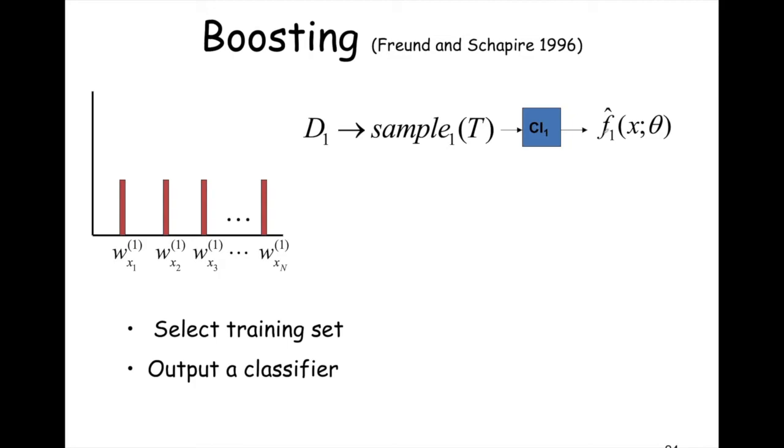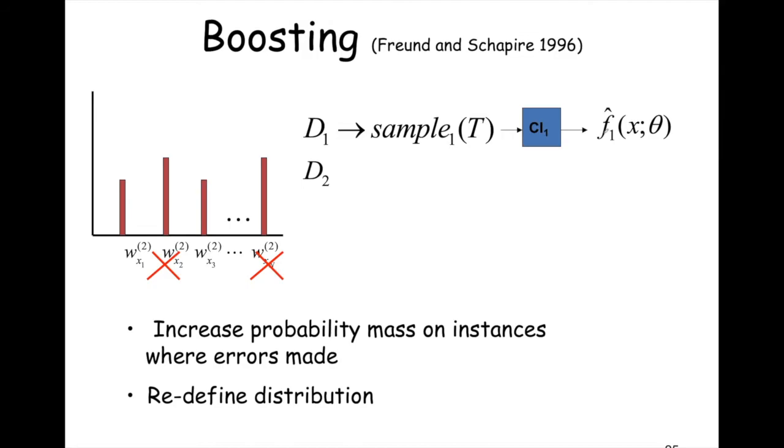Then, when you are training that first classifier, it made some mistakes on those in-sample points. Those places where you made mistakes, you increase the weights, or boost the weights. This puts more probability mass on those instances where the errors were made, the more difficult instances, and this redefines the distribution. So you recalculate the distribution, and on the second round you sample from that second distribution with increased focus on selecting those data points that are more, quote-unquote, difficult.